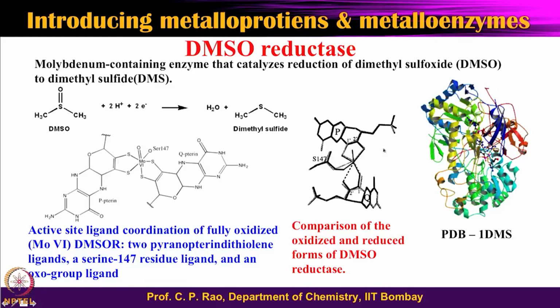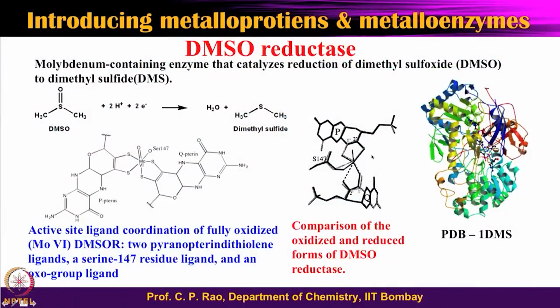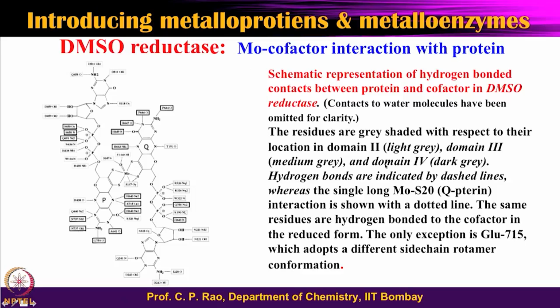If you overlay both centers, you see that it is so perfect with very little changes. That is why the enzyme does not undergo too many changes, and is able to accept both molybdenum 4 and molybdenum 6 in that core, and undergoes exchange between 4 and 6 very facilely. Therefore, these enzymes are able to act as oxidoreductase enzymes.